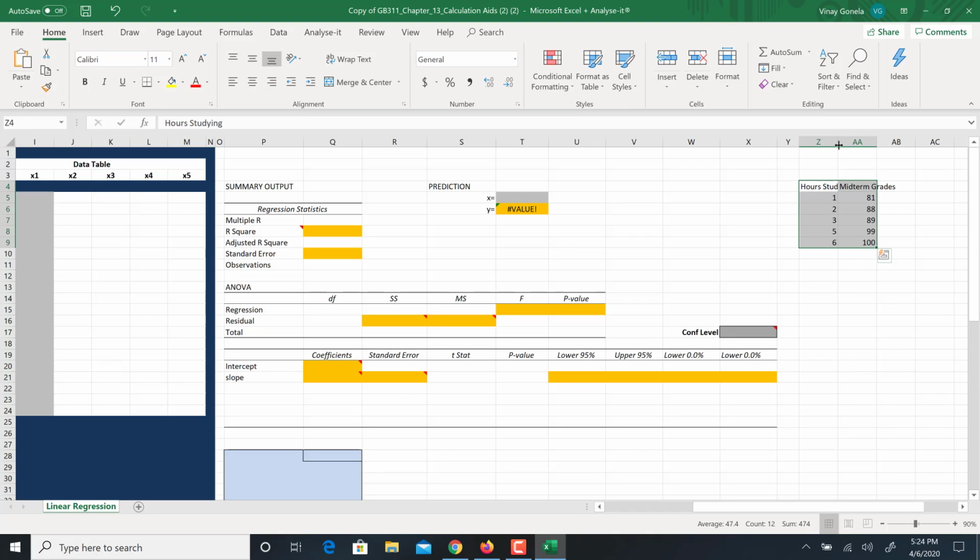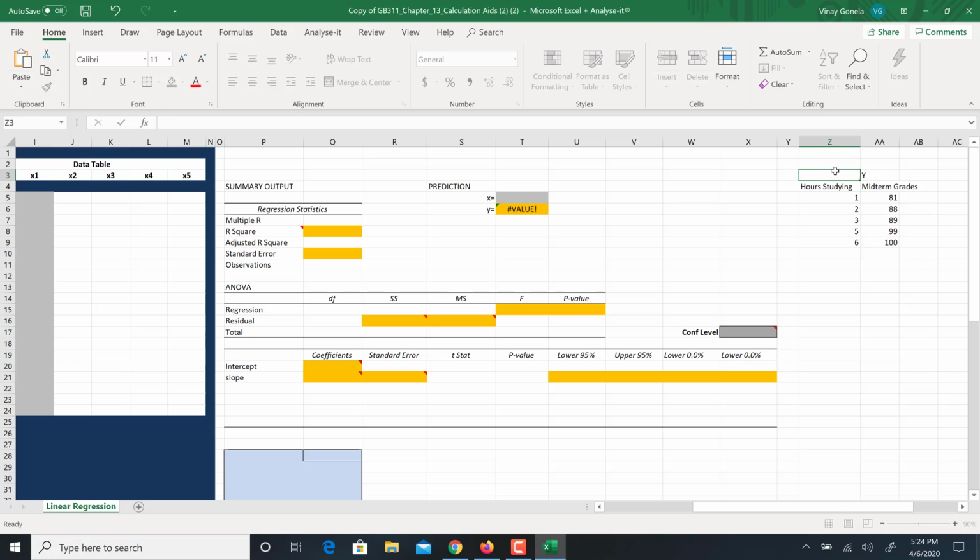So once I copy this data and paste it, I wanted to know which of these is X and which one is Y. So hours of studying, if you study more, your midterm grades will be more. So your midterm grade will be your Y, and your hours of studying is X. So I will copy this Y to my data set.